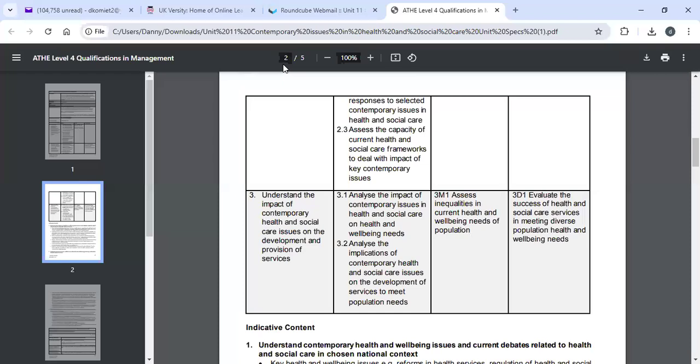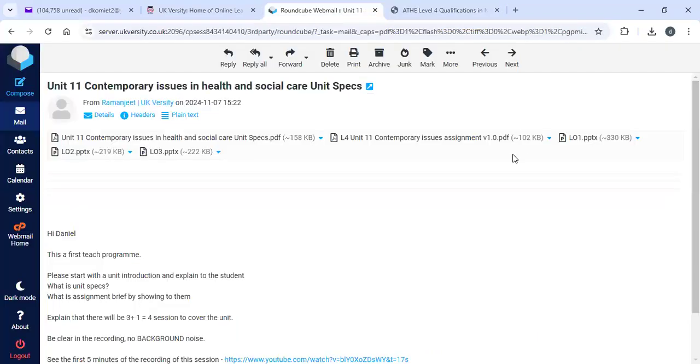Let's see. Do you have chance to read before lectures?